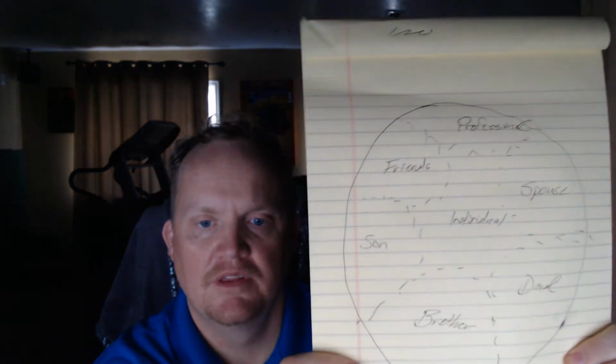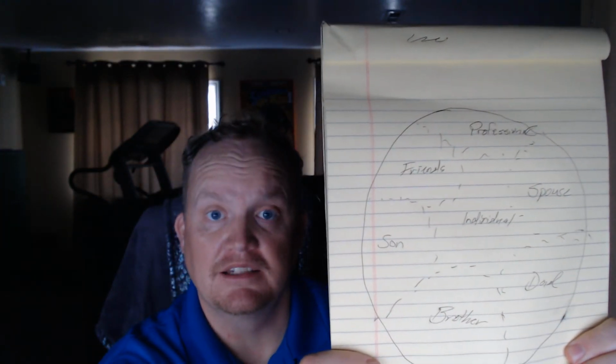Put in here son. You said you have friends. And then you have this final one we're going to say is your professional. That's the part of you that goes to work every day. So again, it looks a little bit something like this.